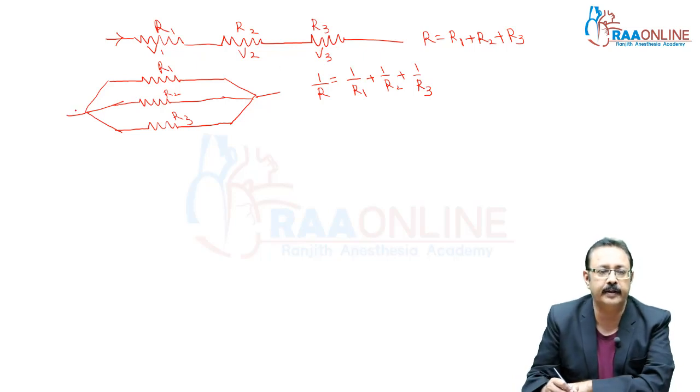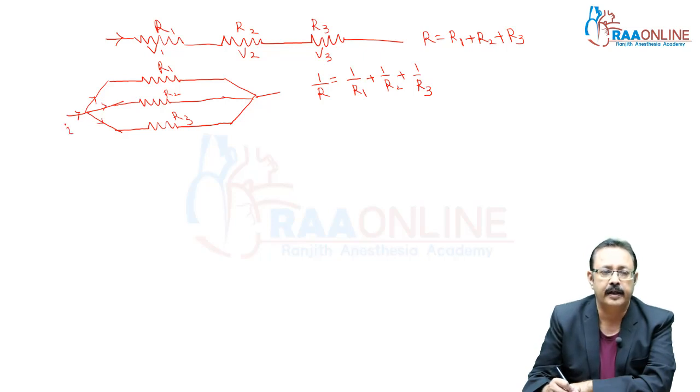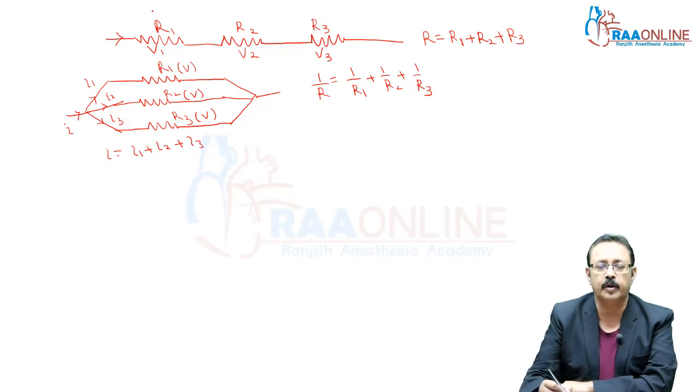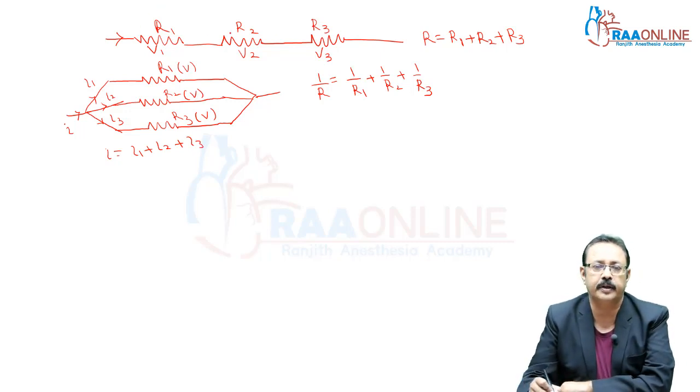What is happening in parallel? Here current is dividing in 3 parts. Means each resistance is receiving different currents, but the potential difference is same. Each resistance will get the same total potential difference. In parallel, the current is dividing into 3 parts; in series, the total potential difference is dividing into 3 parts.